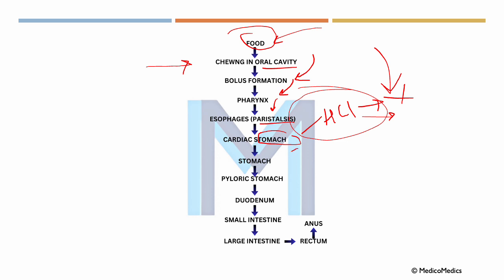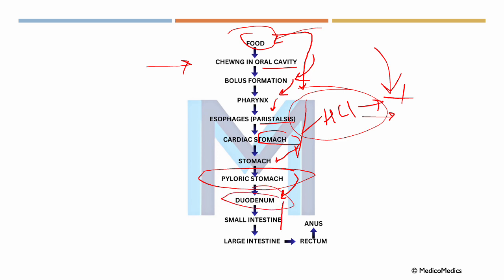So the food then in the stomach, or it's now called chyme, because if you remember, we started with food and then it became a bolus, and in the stomach it is churned into chyme. This chyme then, via the opening of the pyloric sphincter, enters into the initial part of our small intestine, which is the duodenum.